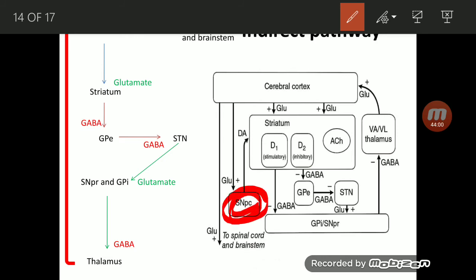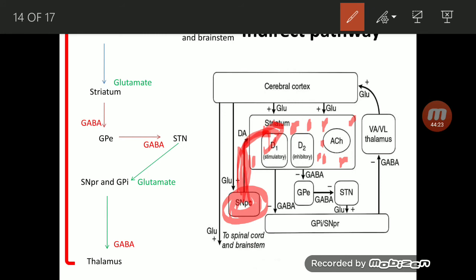So in order to ease this out, there is your substantia nigra pars compacta. From your substantia nigra pars compacta, a dopaminergic neuron arises, and this neuron secretes dopamine in your striatum.